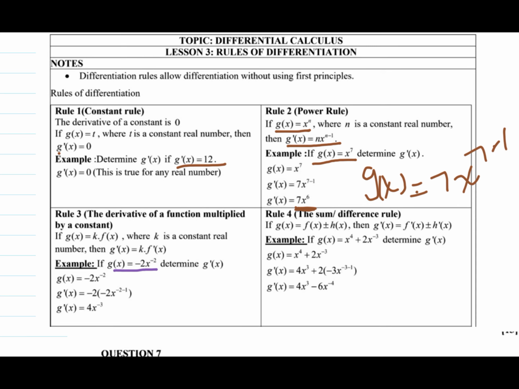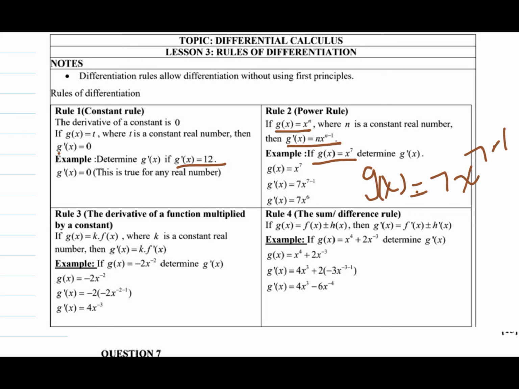So we want the derivative. We get the derivative of x to the power negative 2, which is going to be negative 2, and then to the power negative 2 minus 1. Then you multiply it by the 2 there, you get 4x to the power negative 3.